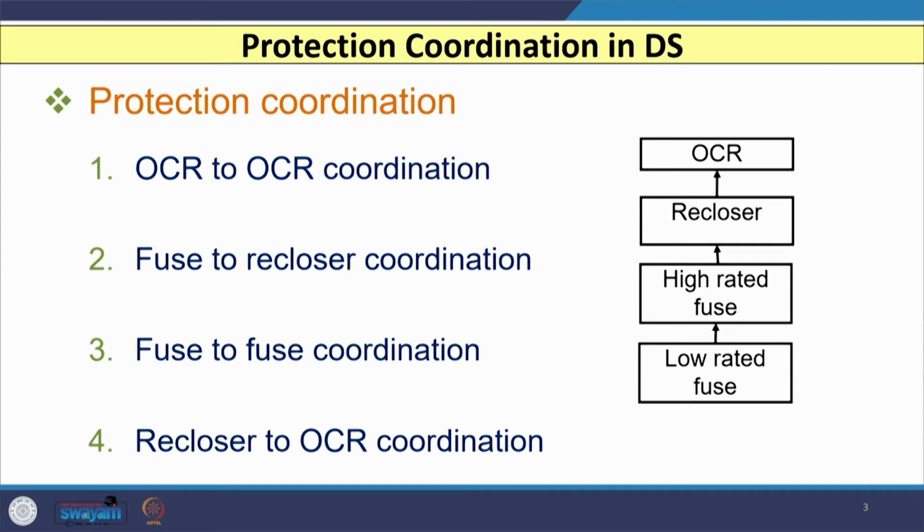So, till now what we have discussed is the coordination of protection in terms of 4 different aspects. The first is the coordination between two relays, that is OCR to OCR coordination, where OCR indicates the overcurrent relay.